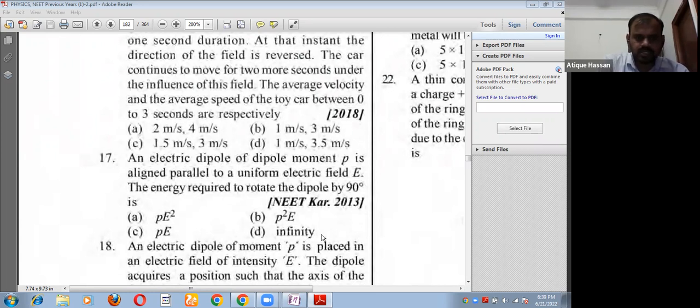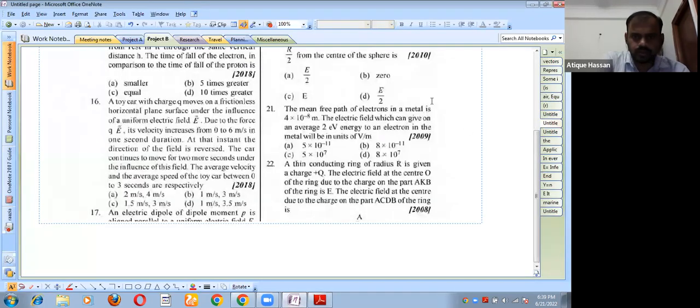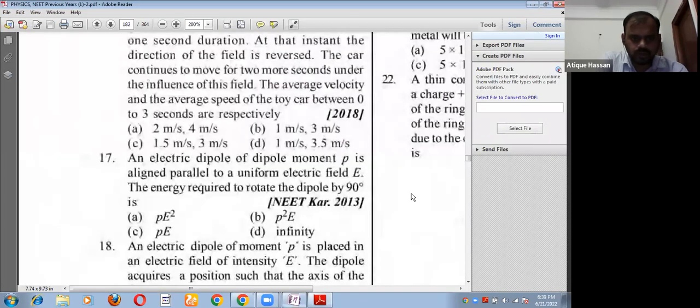It says an electric dipole of dipole moment P is aligned parallel to a uniform electric field E. The energy required to rotate the dipole by 90 degrees. Now I'm moving to the board. So what is the question for?